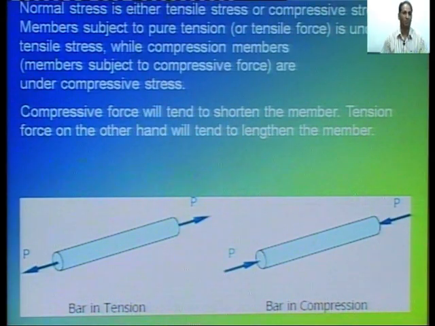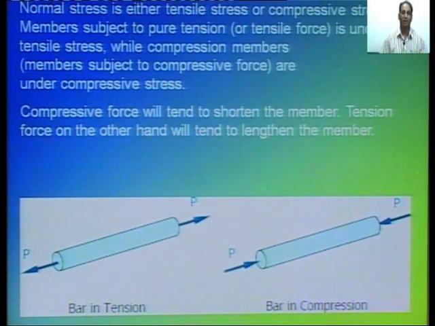Compressive force will tend to shorten the member. Tension force, on the other hand, will tend to lengthen the member. It means due to compressive force the length decreases, and due to tensile force the length of the member increases.